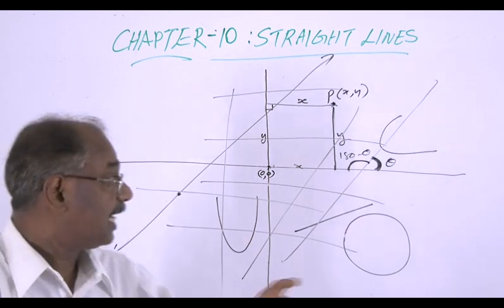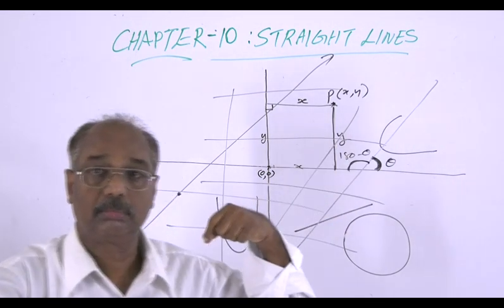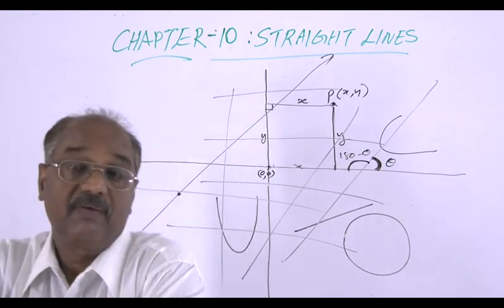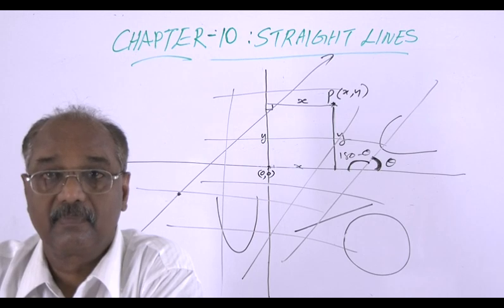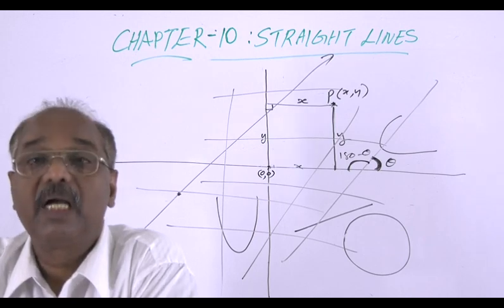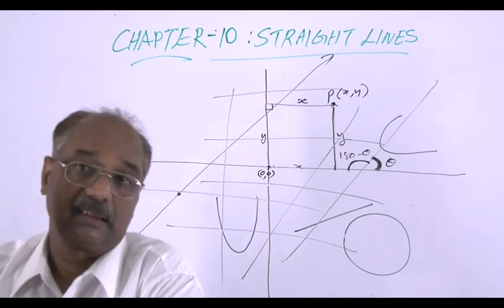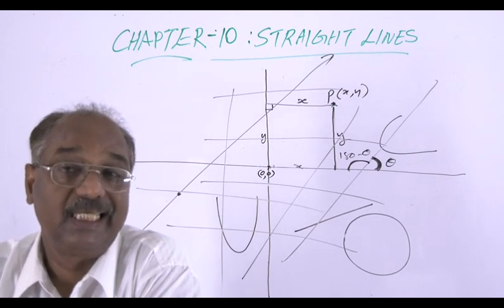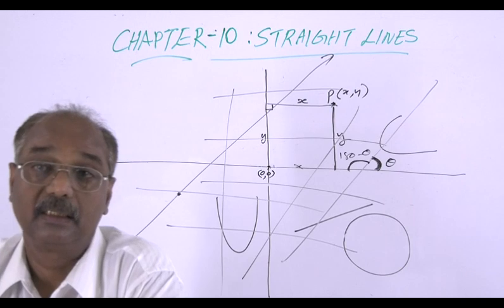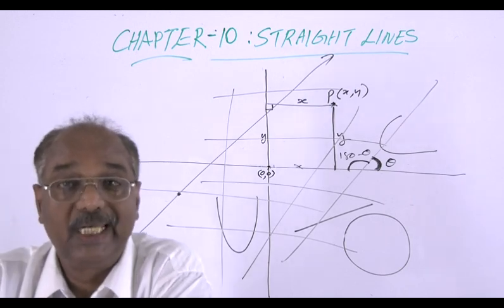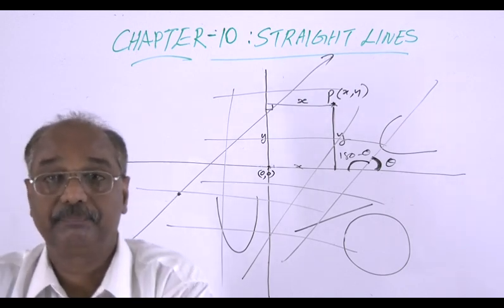And if we know this angle theta, if we can have a measurement for this inclination, we will have a picture, an idea of the line, how the line is drawn on the plane, or how the line lies on the plane.